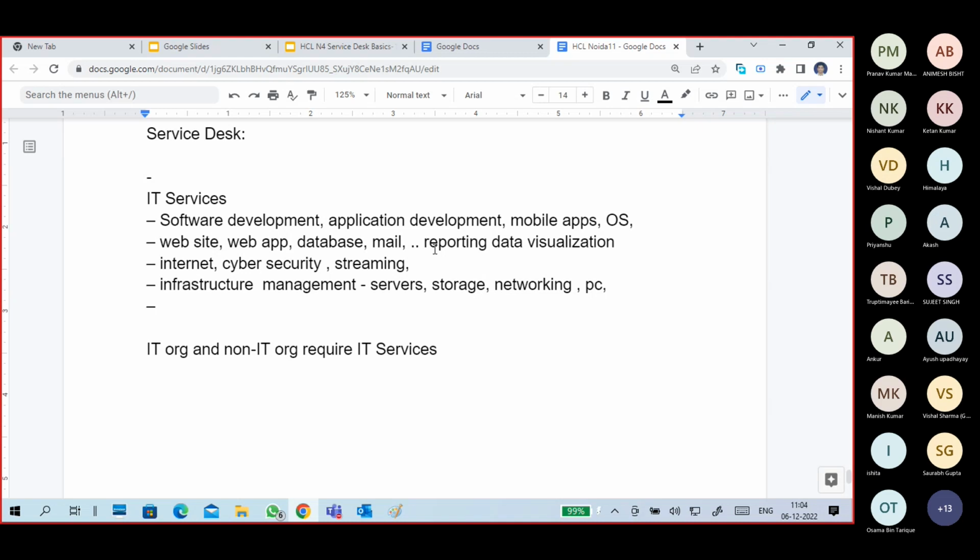So we use IT services in our day-to-day lives. You want to reserve a railway ticket, the IRCTC app is there, and we need internet also, right? If we want to travel in a flight, then you need apps, of course internet is also a requirement, right? Even a person or an organization requires it.